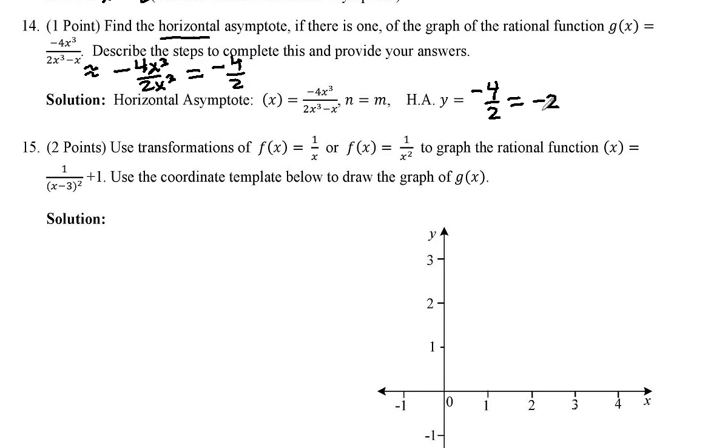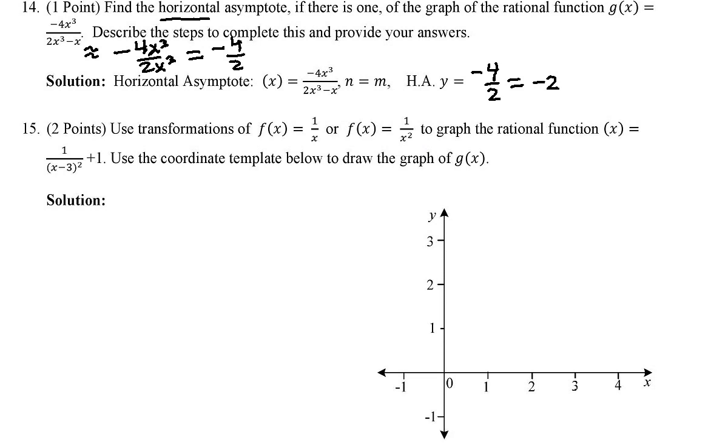So that's our horizontal asymptote. Remember, if the exponent in the denominator is bigger, then the bottom gets bigger faster than the numerator, and then the ratio goes to 0. So then your horizontal asymptote would be 0.